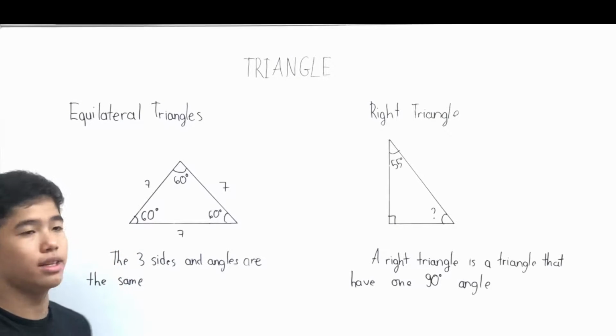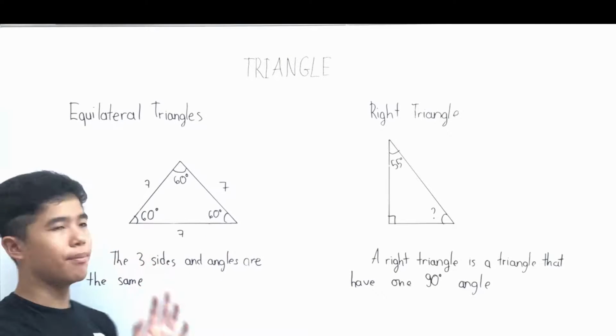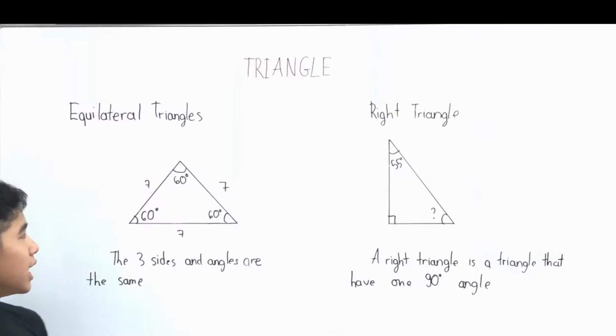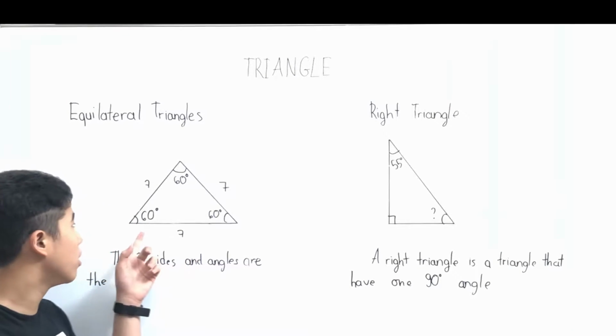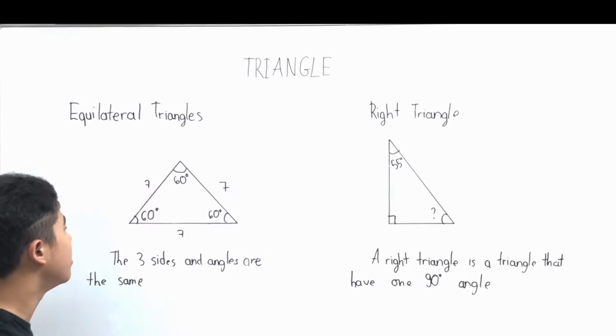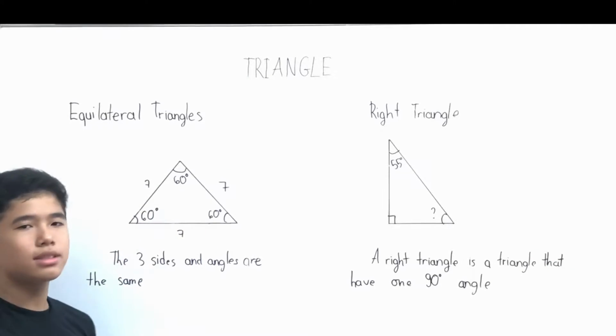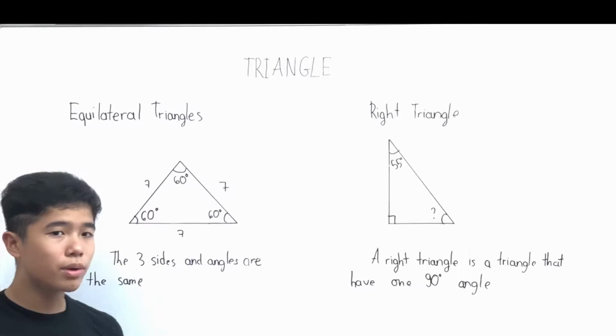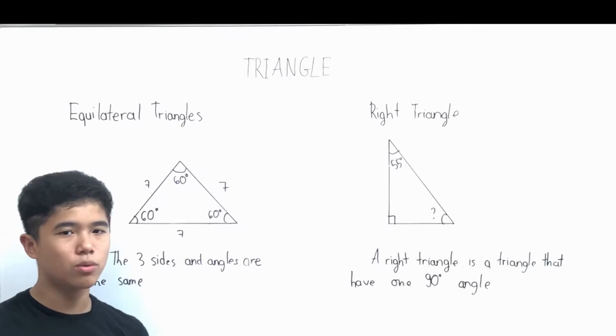Also equal to each other. This is an example of an equilateral triangle. As you can see, all of the angles are equal to 60. If we add all of them up, 60 plus 60 is equal to 120. 120 plus 60 equals 180.